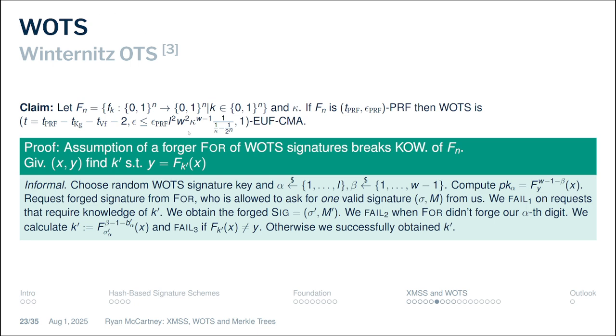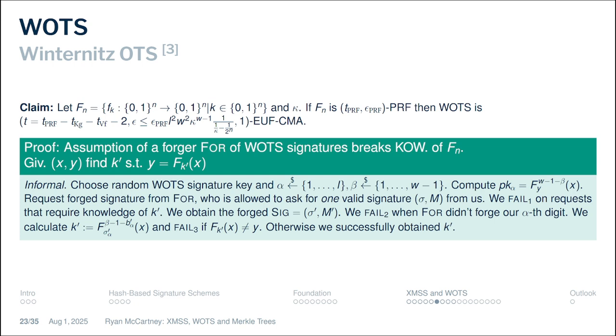This is why this proof is not as tight as it could be. All of these are failure probabilities, and we fail on requests that require knowledge of K prime, which is exactly what we are trying to find out or trick the forger into forging the signature for.